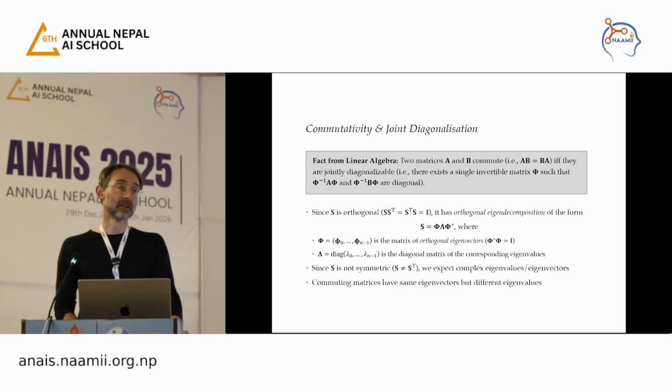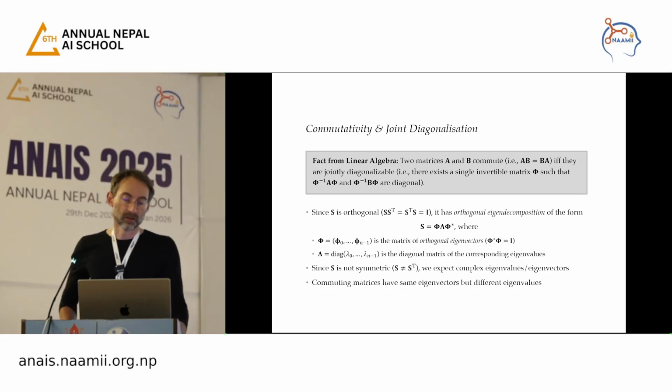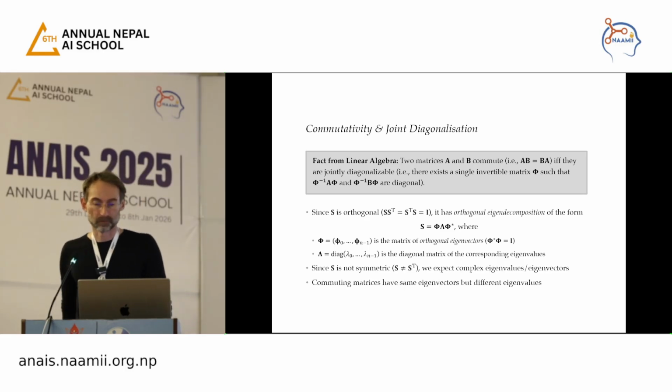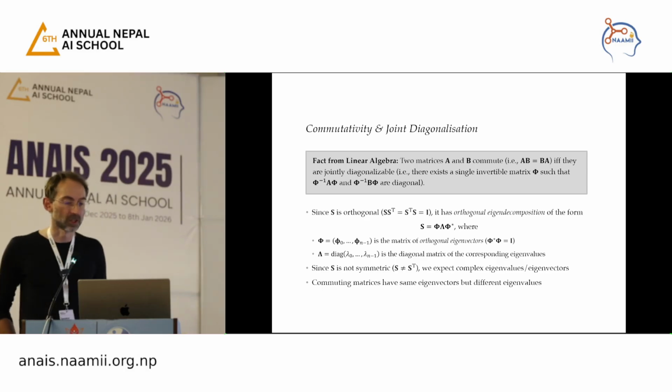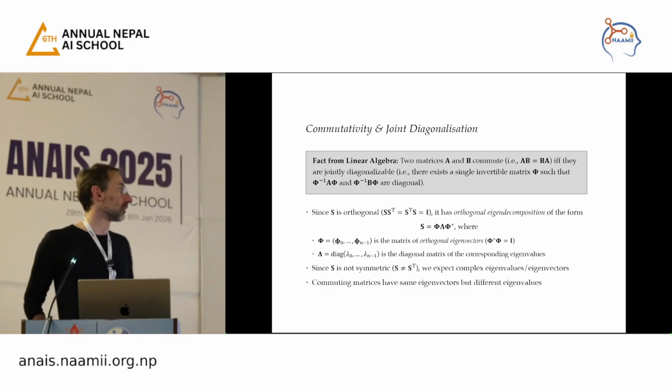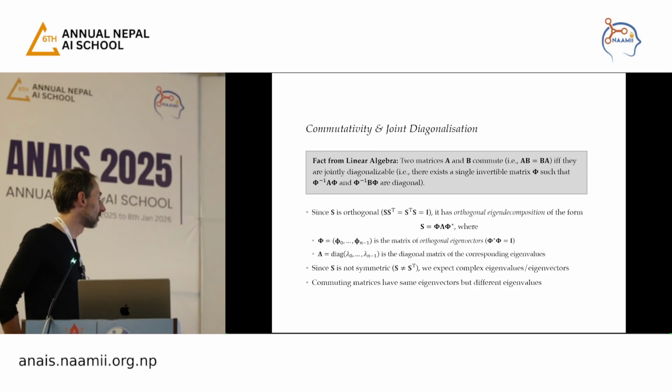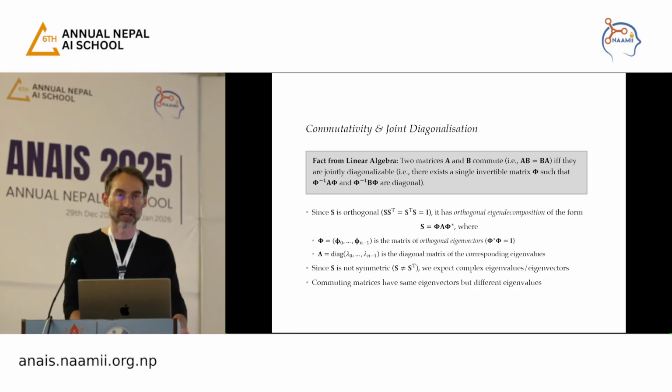So we expect the eigenvectors and eigenvalues to be complex, right? But it will be orthogonal, okay? And again, commuting matrices will have the same eigenvectors but different eigenvalues, okay? So what we'll do now is we'll derive the eigenvalues and eigenvectors of S, okay?